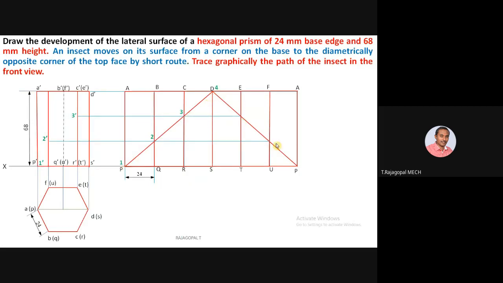No need to give 5, 6, 1 again; if you wish, you can add it. With this alone, I can identify the points. You can join 1 dash to 2 dash, 2 dash to 3 dash, 3 dash to 4 dash. This is the answer: graphically, the path of the insect in the front view.